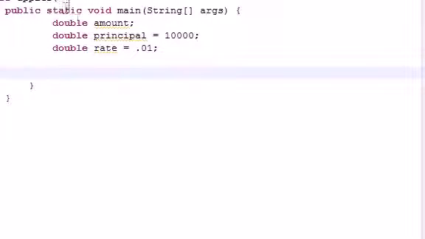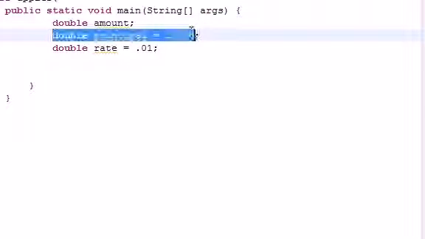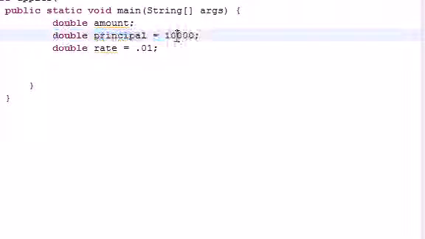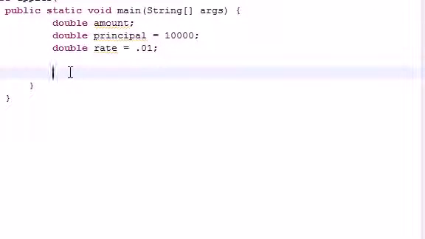Now that we have the amount which we're solving for, the principal, the value that I'm starting with, and the rate, 1% a day, we can make a for loop to build this program. All this for loop is going to do is say how long you want to run it for.